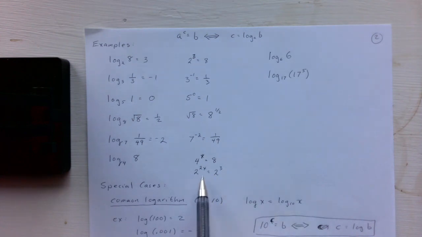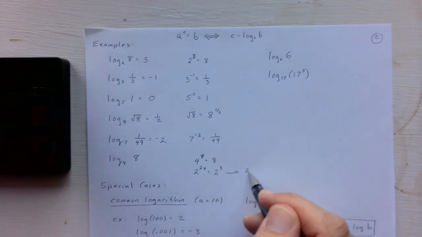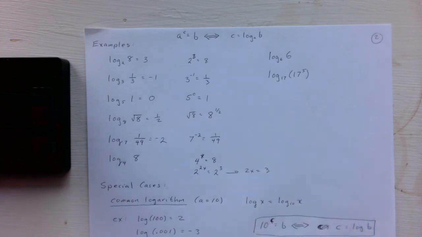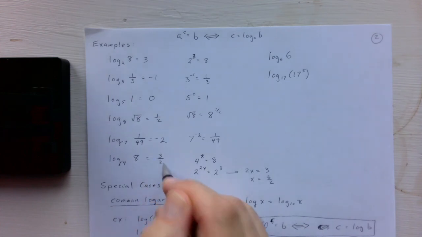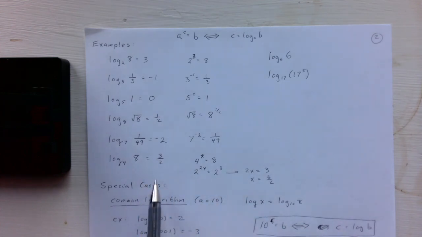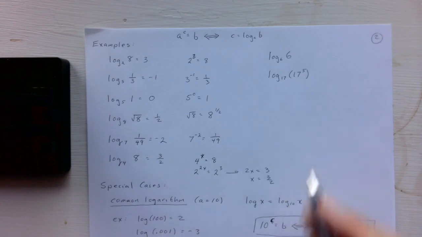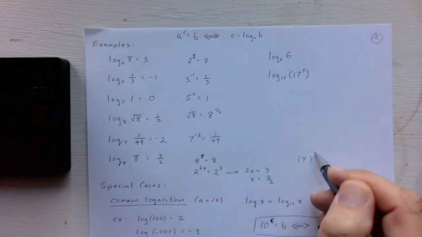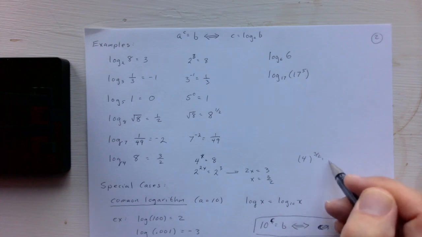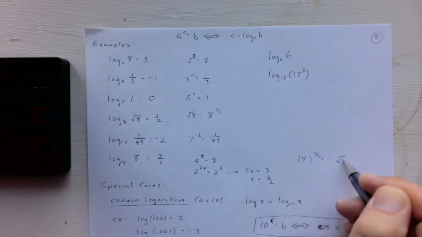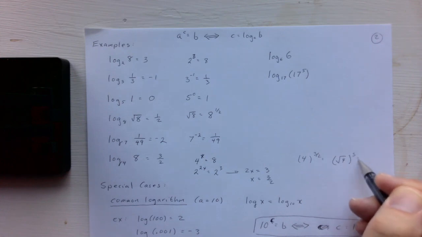And then we can set 2x equal to 3, and so x will be 3/2. So this is going to be 3/2. And you can check that 4 to the 3/2 is, the easiest way to do this, the square root of 4 raised to the third power, which is 8. So it works.